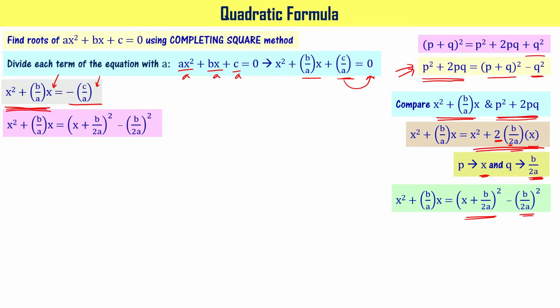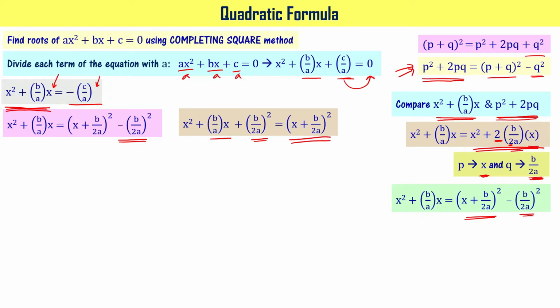Now, if I transpose this minus b by 2a whole square to the other side, the equation is going to be x square plus b by a times x plus b by 2a whole square equal to x plus b by 2a whole square, right?